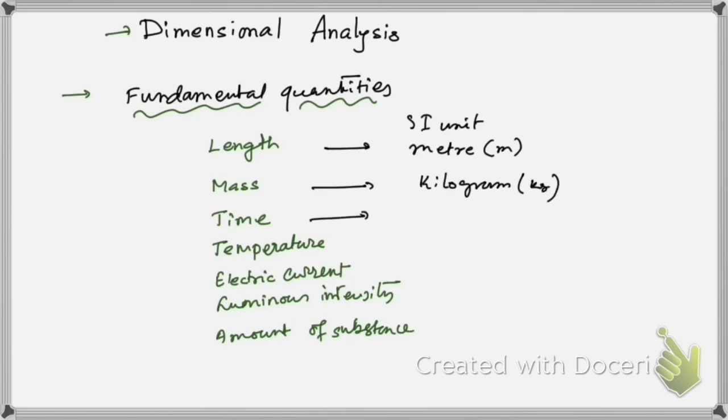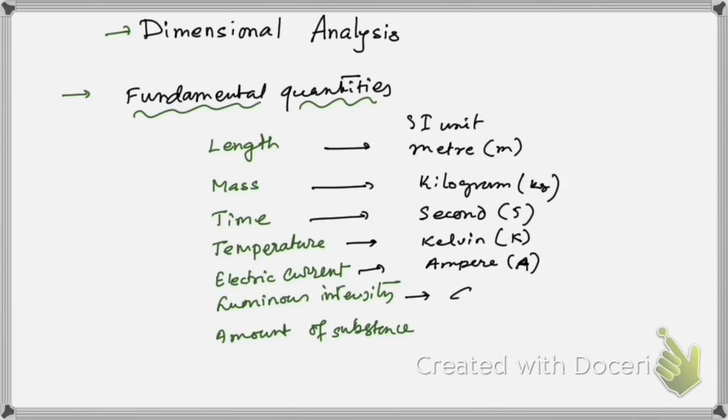And that of time is second, symbol is simply s, and temperature is measured in Kelvin, that is K, and electric current ampere, symbol is A, right? And the luminous intensity candela, that is cd, and the amount of substance, that is mole, in short mol we used to write.